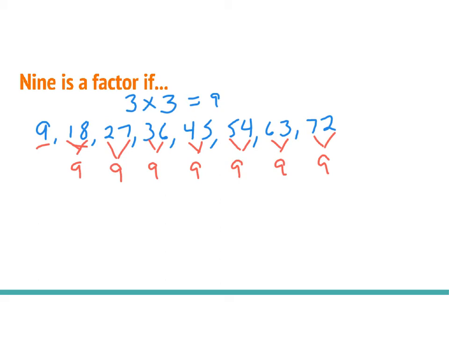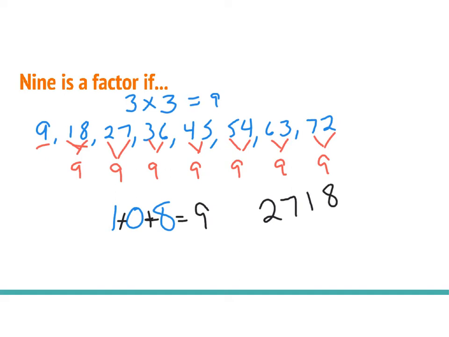So this would let us work with numbers like 108. If I add 1 plus 0 plus 8, I get 9. Even if I went to some outrageous number, like let's say 22,718.